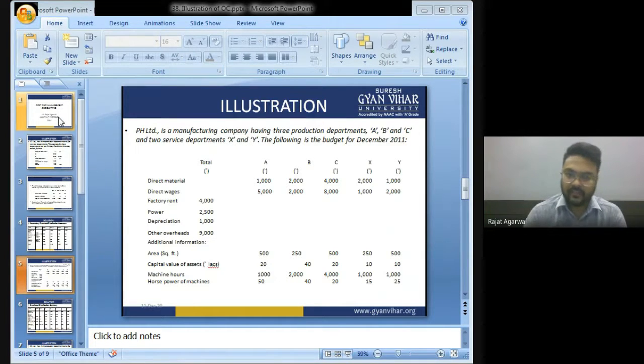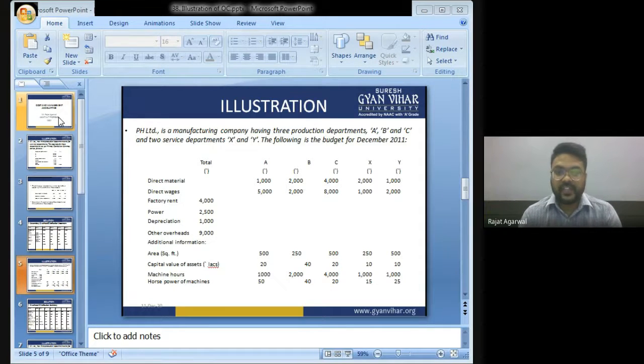Direct material, which is already distributed in A, B, C, and X, Y: Department A 1000, Department B 2000, Department C 4000, Service Department X 2000, and Service Department Y 1000.